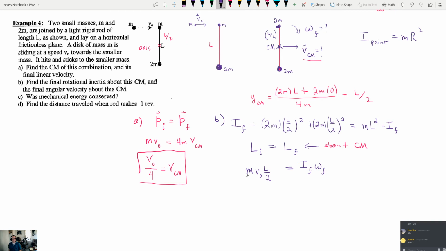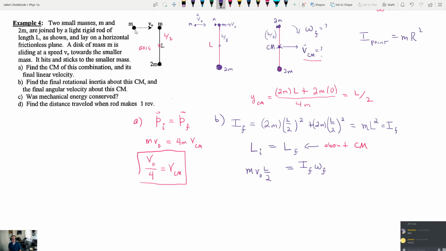I think the simplest way to understand the equation on the left here is just imagine what the system looks like right before the mass gets to here, and it has that velocity v initial. Because then the perpendicular distance is just L over 2. So it's m v naught times L over 2.